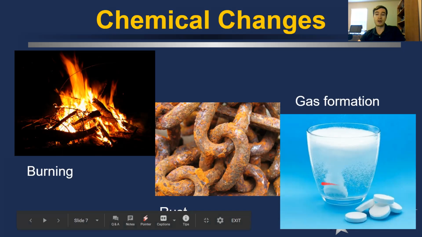That's not because the tablet caused the water to start boiling all of a sudden, but instead the water and the tablet are reacting together and giving off a new compound, which comes off the tablet in the form of a gas, which is what forms all these little gas bubbles down here in this glass of water. And so we have gas formation, not due to boiling, like we talked about on Tuesday, but due to a chemical reaction producing a new chemical that comes out of the water as gas.